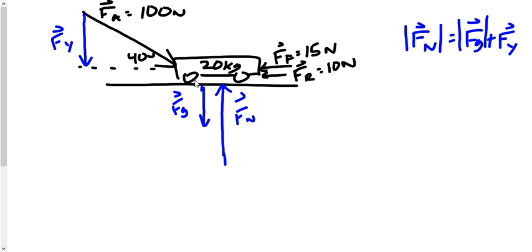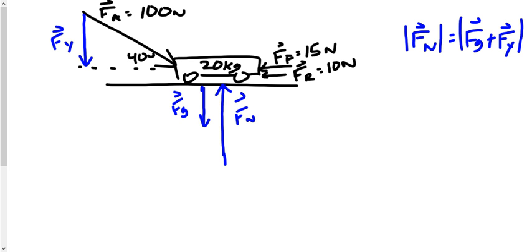Remember, in the typical wagon problem, where we were pulling up at an angle like in a real wagon, then we said the force of gravity equaled the y component upward plus the normal force upward. Bottom line is, all the upward force has to equal all the downward force. And in this case, we have two downwards instead of two upwards.